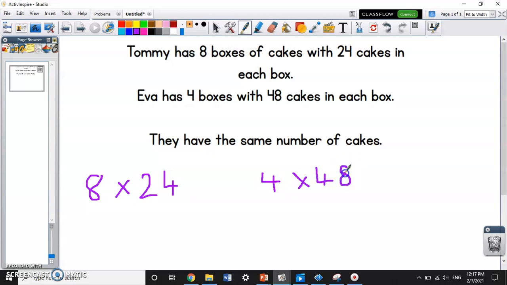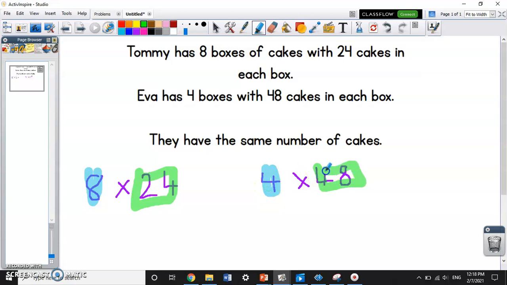I wonder if you have as well. Can you see here that we have got 8 boxes here that Tommy's making, whereas Eva is making half the number of boxes. But in every box that Tommy makes, there are 24 cakes, whereas Eva is making double.